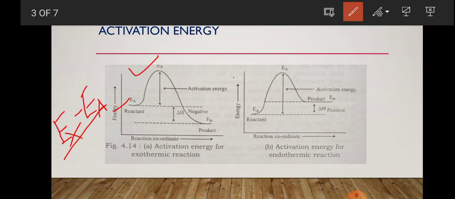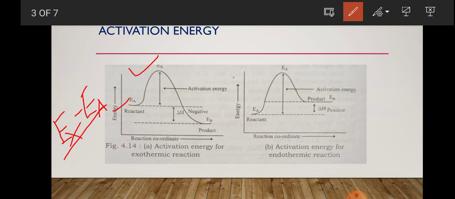When activation energy is lower, then more molecules acquire this minimum activation energy easily, and then the rate of reaction becomes more. Reaction with lower activation energy occurs at less temperature, but reaction with high activation energy requires high temperature.